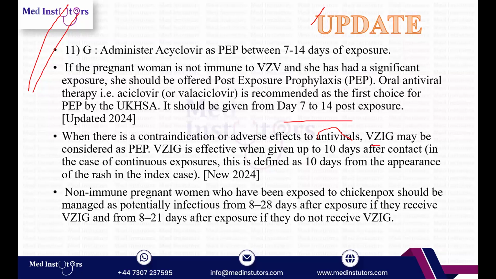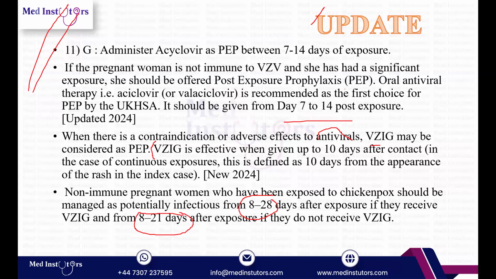This point is the same as before. VZIG is effective up to 10 days after contact. And once you give varicella zoster immunoglobulin, the patient has to be considered infectious for 8 to 28 days. If she does not have immunoglobulin given to her, she should be considered infective for 8 to 21 days.